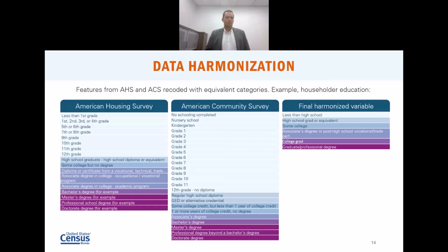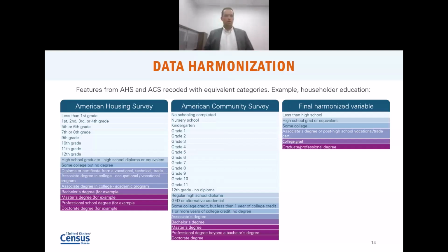In this example here, we're able to show how we went about taking equivalent categories between the 2 surveys, because the way that they collect data, even on this household education question, is different. The ACS has some more detailed educational attainment bands, and a lot of that has to do with the fact that we're asking that question of all respondents in the American Community Survey and all of the people in the household.